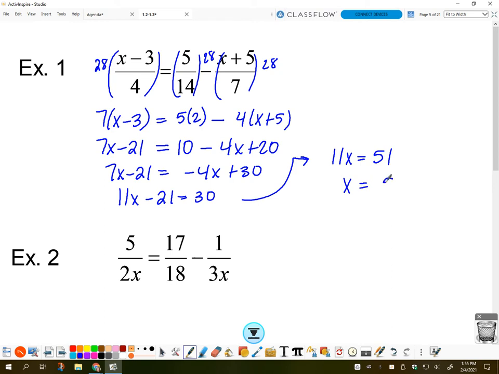Divide by 11, we get 51 elevenths. And we are finished. Oh, no, we're not, because I just said that negative 4 times 5 was positive 20, and it's clearly negative 20.